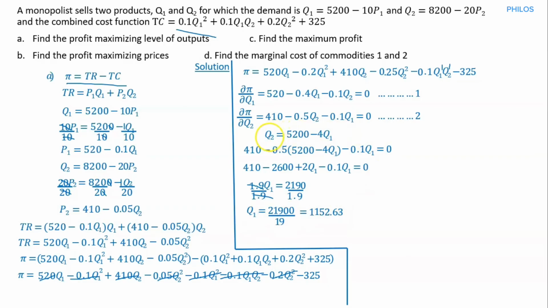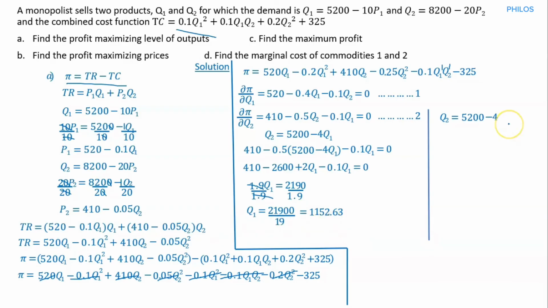When we made Q2 the subject, it was 5,200 minus 4Q1. So let's recall Q2 and substitute the value of Q1 in it. Q2 is equal to 5,200 minus 4 multiplying Q1. I don't want to put the decimal Q1 in it; I want to put the fraction one, because when I put a decimal, I won't get a proper approximation.